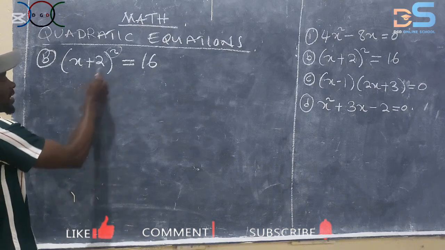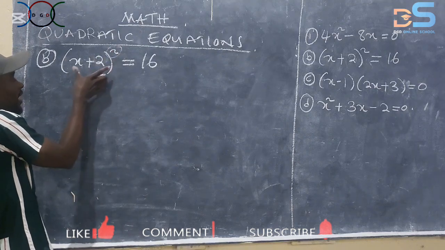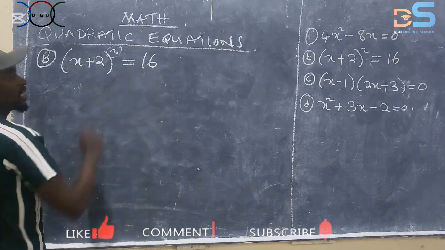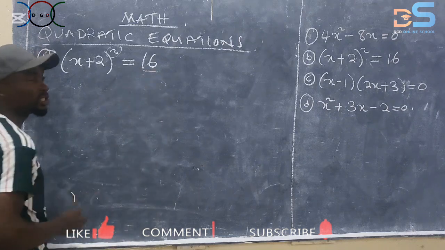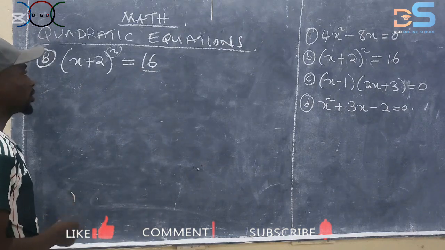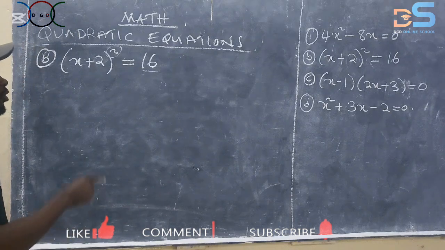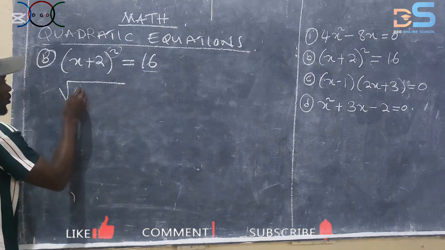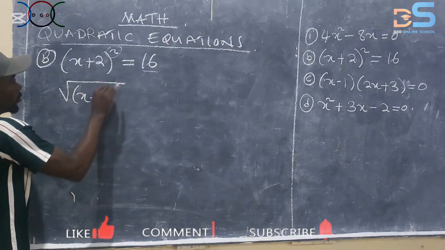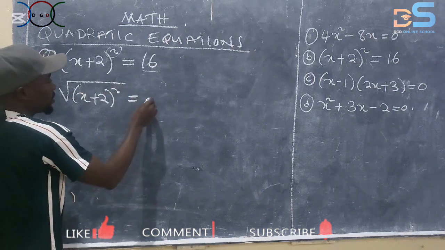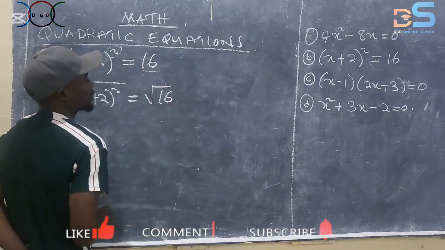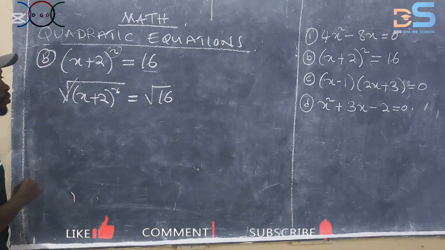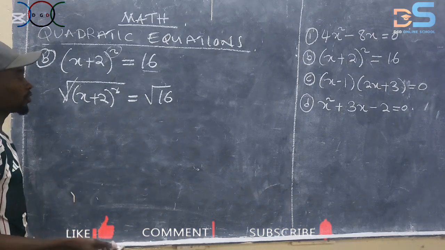Because this side is a square, meaning everything in the bracket is considered a perfect square, and on the other side we have 16, which is also a perfect square number. So we apply the square root on both sides of the equation. We say this is the square root of x plus 2 squared equals the square root of 16.